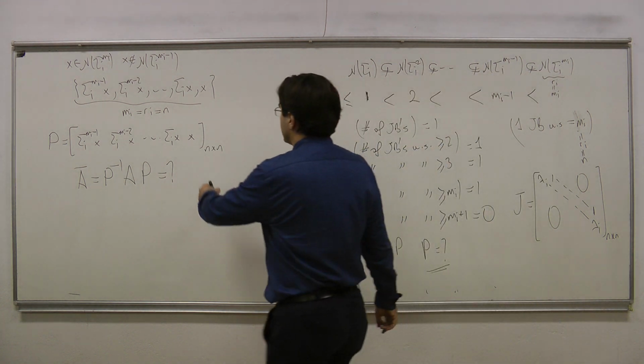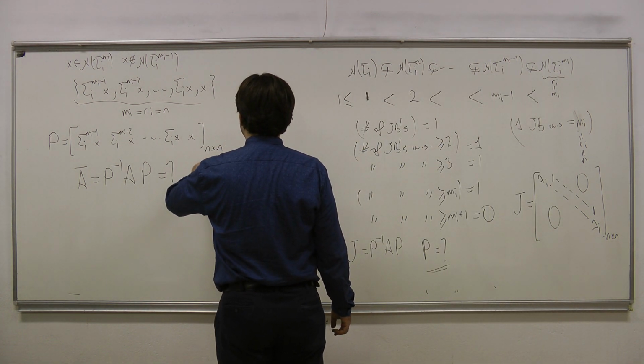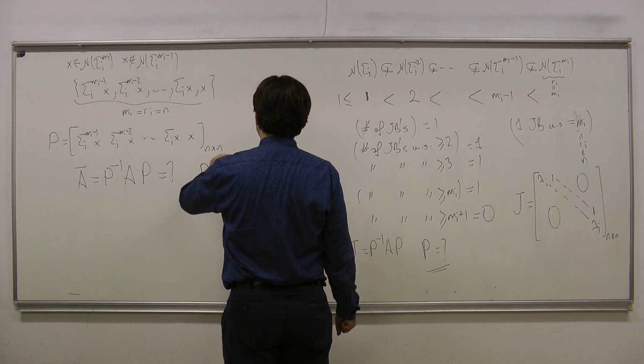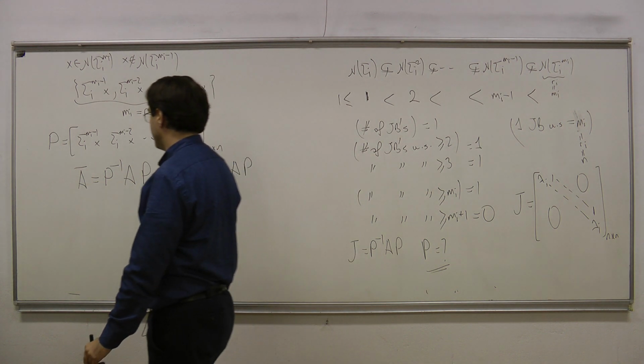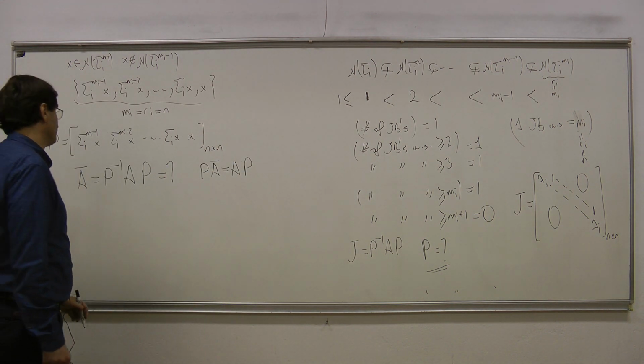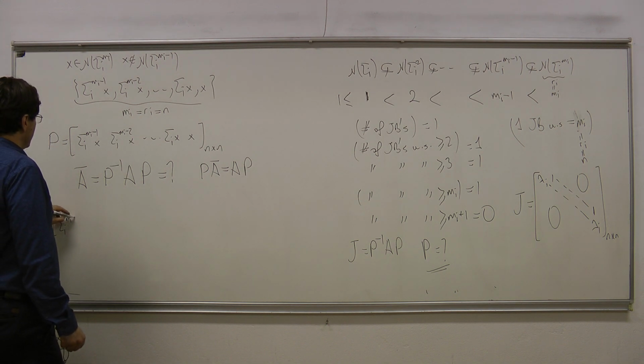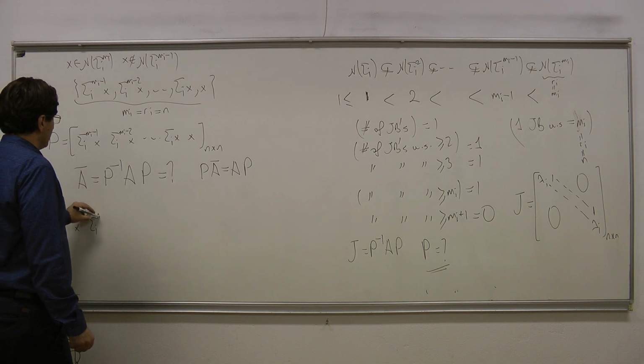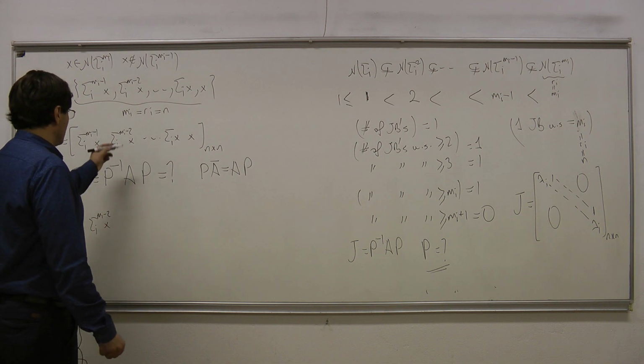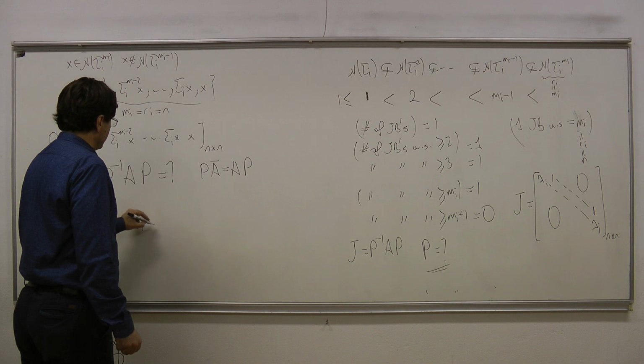So now let me write the equation in the form that I'm going to use it. P times A bar is A times P. Okay? So let me write P here: (A − λ_i I)^(m_i−1)x, (A − λ_i I)^(m_i−2)x, going until (A − λ_i I)x and x.